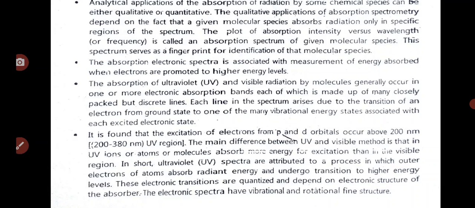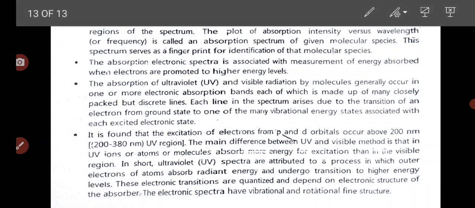In ultraviolet and visible absorption spectroscopy, E_f minus E_i is the excitation of the molecule from the lower ground state to the higher state, and the energy is recorded in this spectroscopy. From that recorded data we understand the nature of the material.